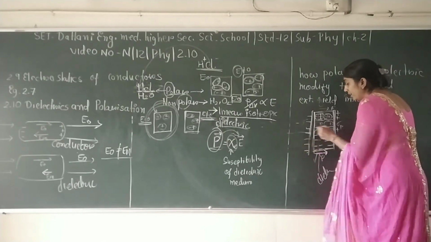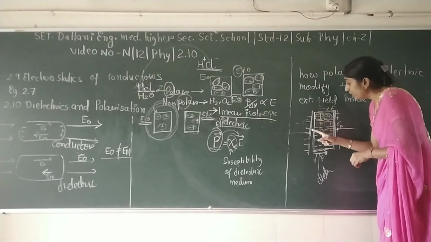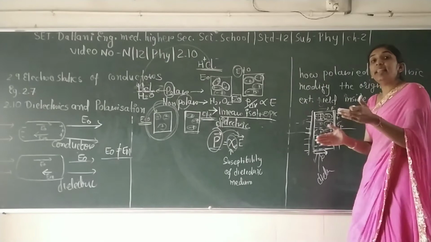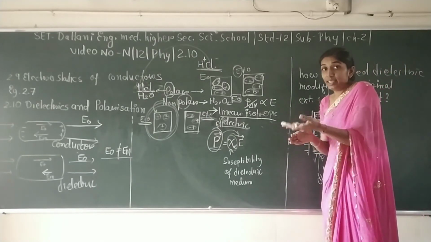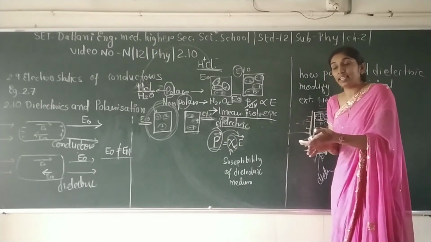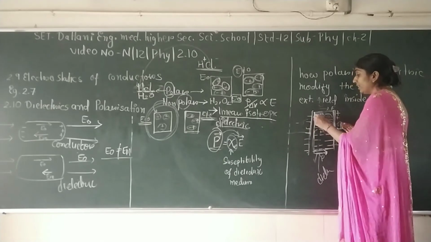These two are conducting plates. On these plates, which generally have two dimensions, length and breadth, and no thickness because we are talking about plates, a certain charge will accumulate.